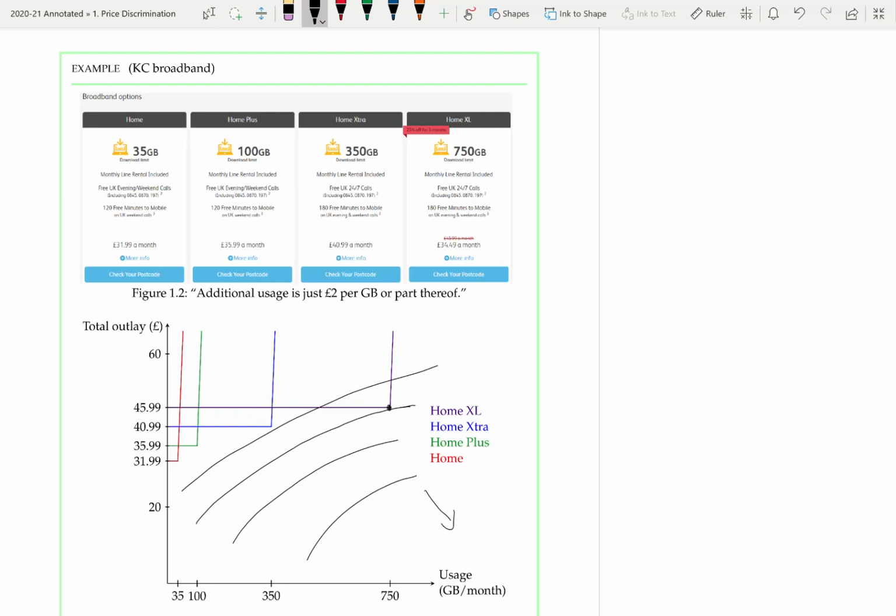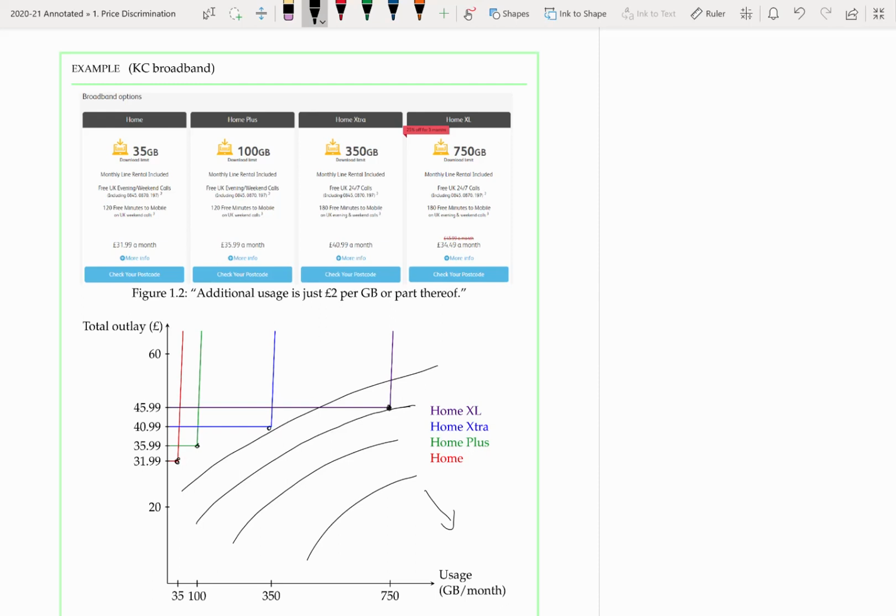Most people are going to consume at these kinks. A person will choose to consume the home plan if they have a relatively flat indifference curve, that is, they're not willing to pay much for an increase in usage. So what we get out of this is that most people are going to consume at these points.